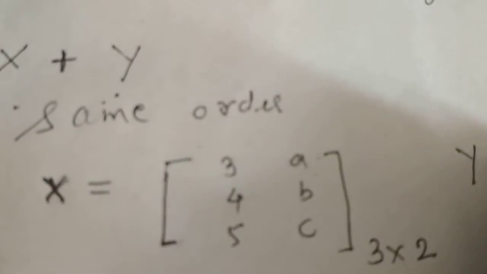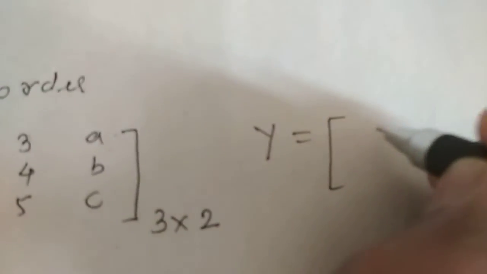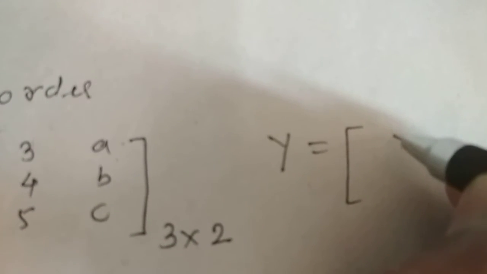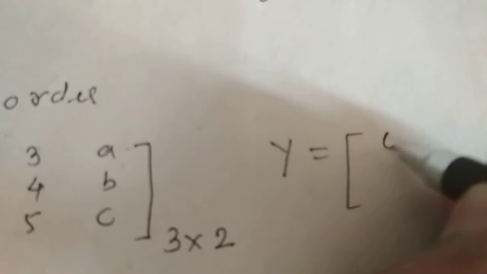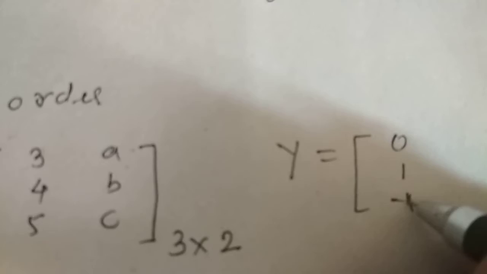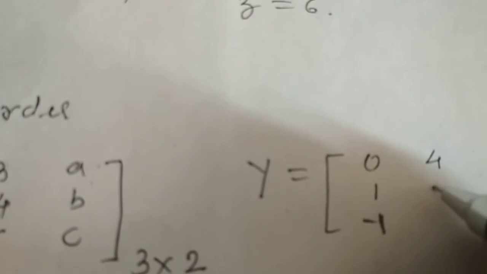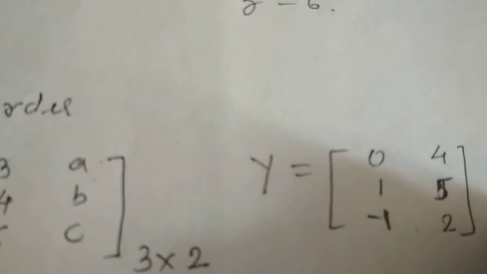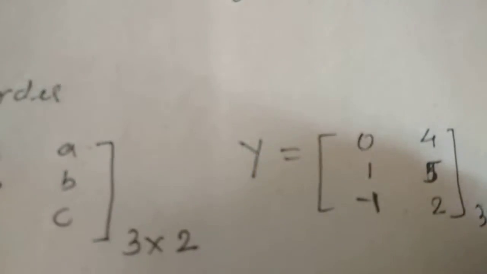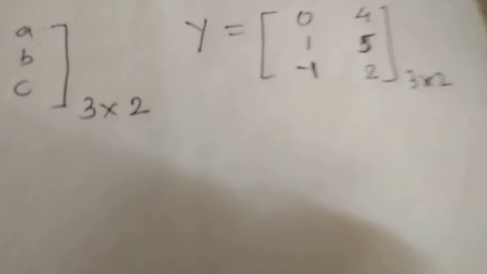Take another example, another matrix Y. It has, say, 0, 1, minus 1, and 4, 5, 2. This is another matrix of the same order as X.